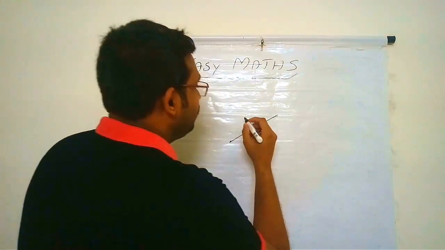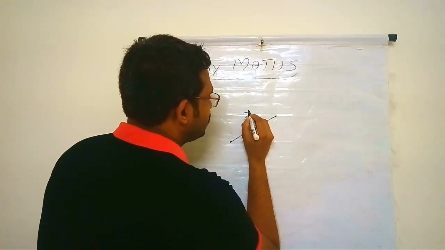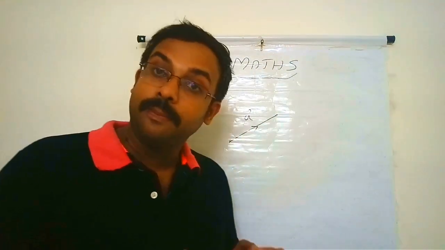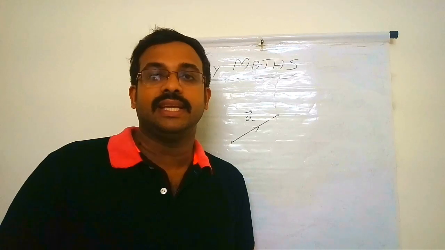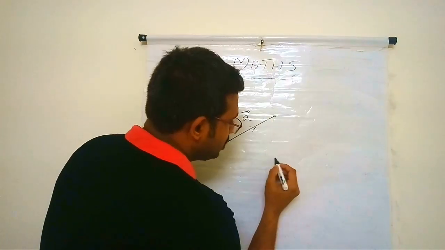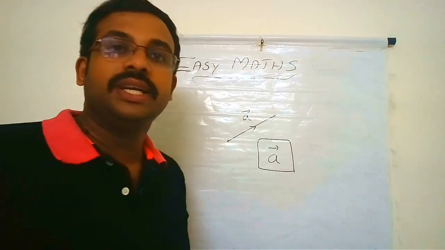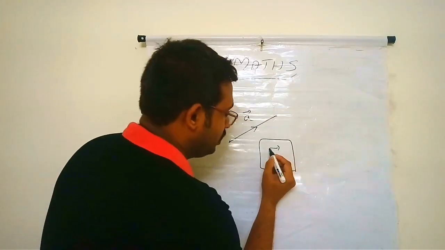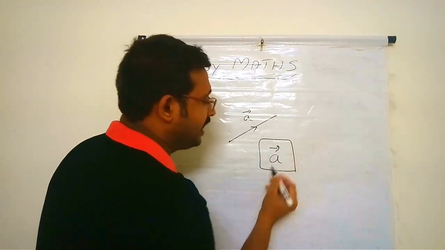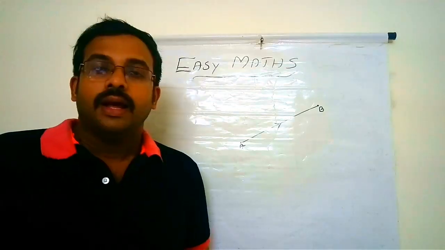We usually denote a vector using a small letter a, b, or c with a bar. This notation represents that the given quantity is a vector, and the arrow indicates its direction.